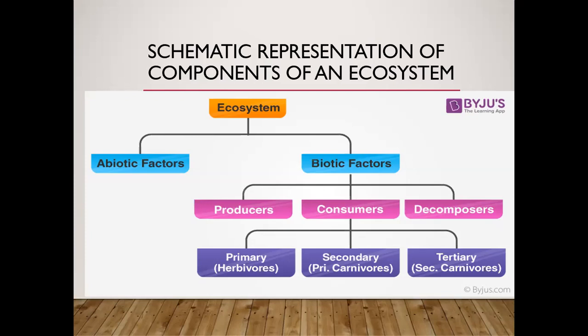Okay, when we put everything into this, what do we mean? All green plants fall under producers. You remember, we have two main types of nutrition: autotrophic nutrition and heterotrophic nutrition.